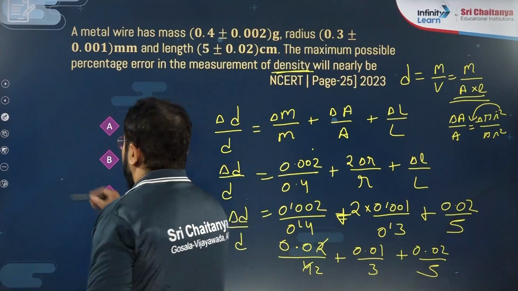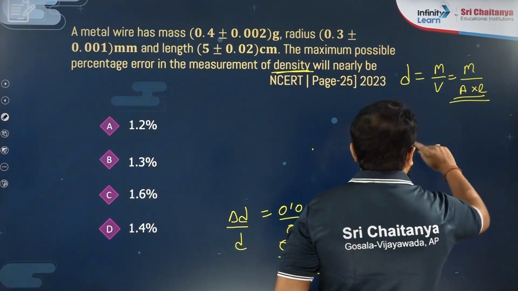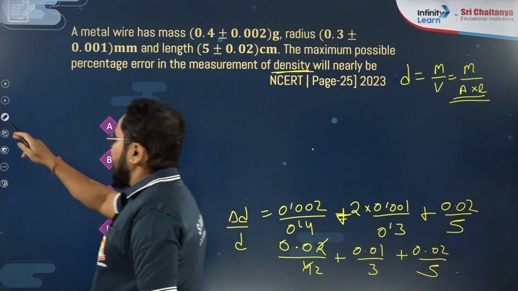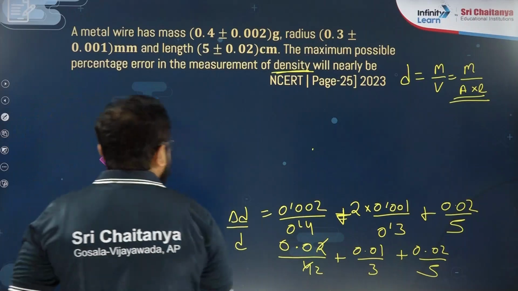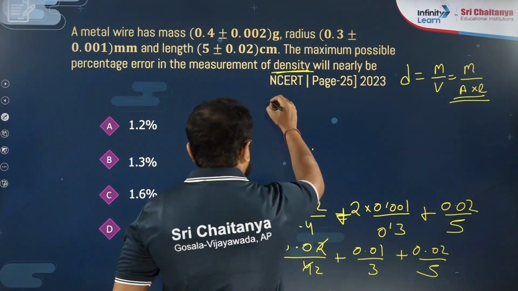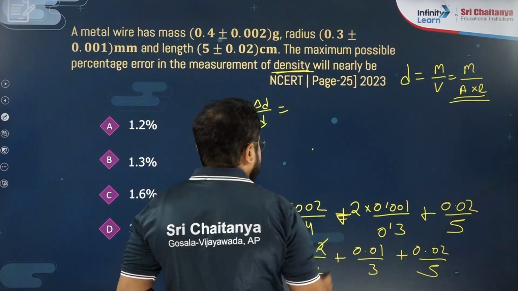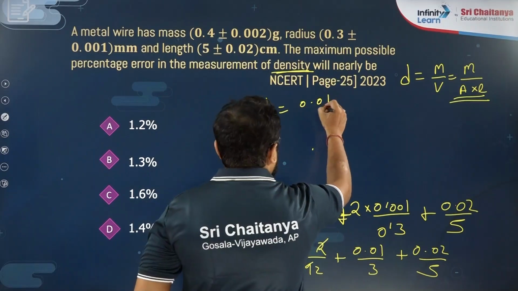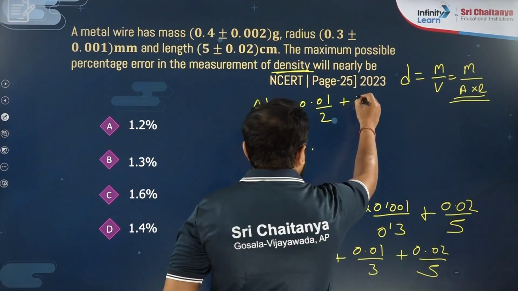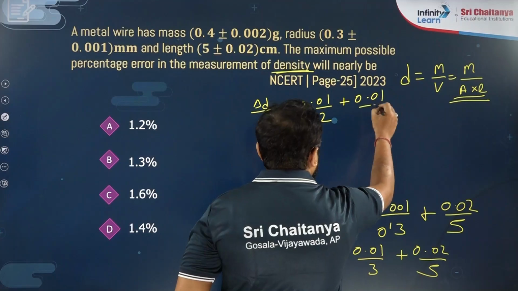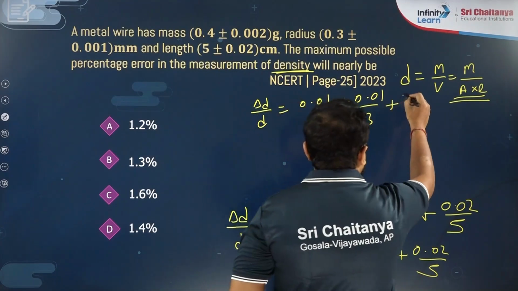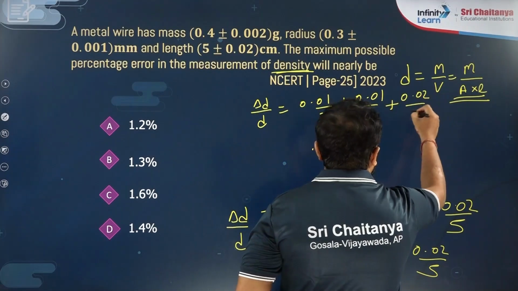Take the LCM further. In error, you should remember that error should always be added. So this will become your delta D by D, hence 0.01 by 2 plus 0.01 by 3 plus 0.02 by 5.